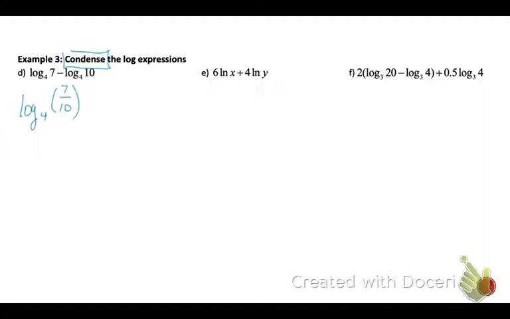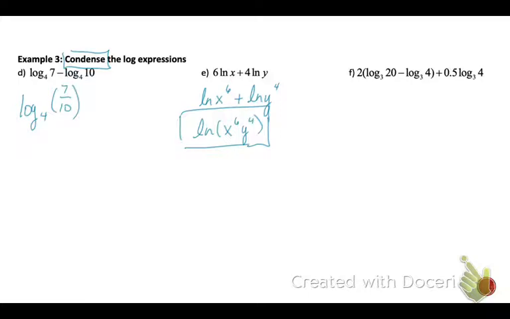Now with E, I notice I have multipliers out front of both natural log expressions, so I'm going to rewrite those as powers using our power property. Now I notice that my two natural log expressions are added, so I can rewrite using the product property. So I'll rewrite them as a product. And now I'm completely condensed because I have one natural log expression.